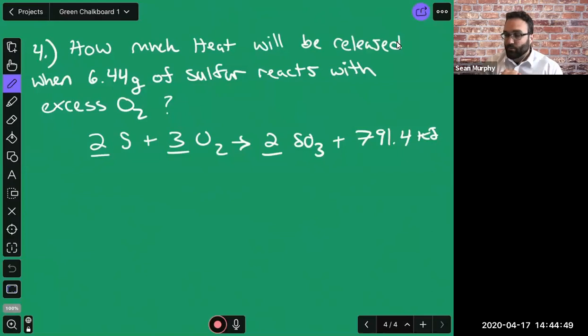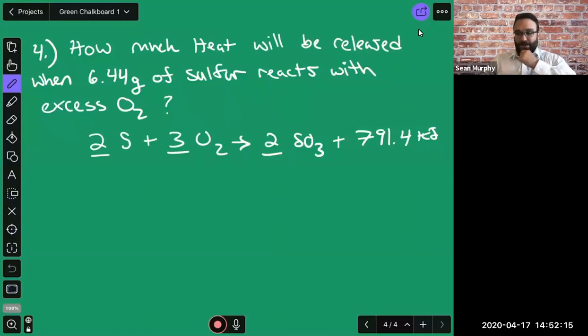How much heat will be released? Okay, so again, we have a certain amount of sulfur. We have 6.44 grams of sulfur, and this is excess oxygen. This is going to be our excess reactant, so we're going to have unlimited oxygen.